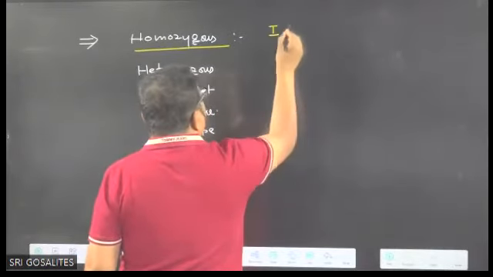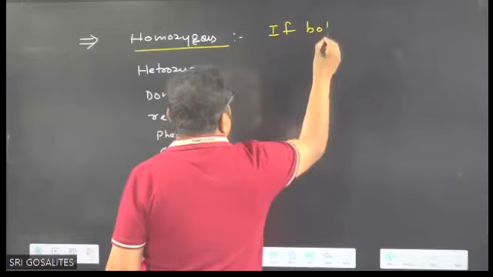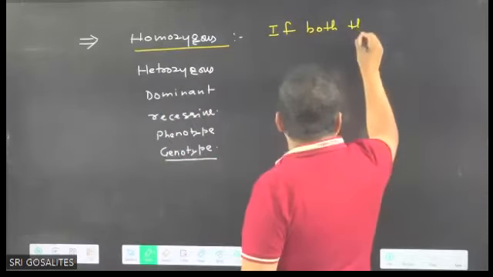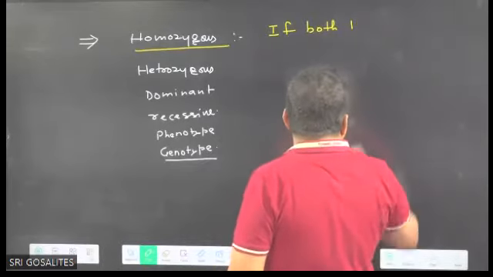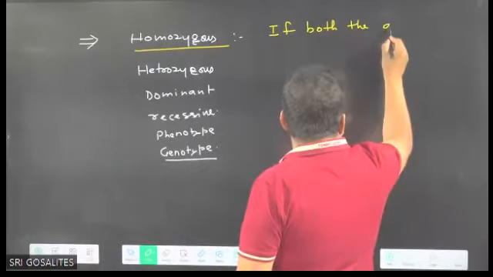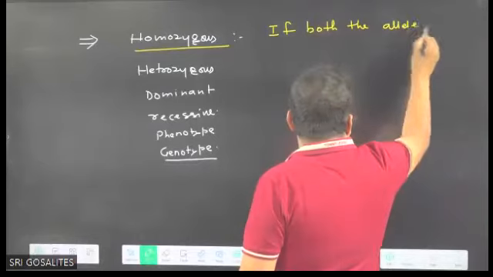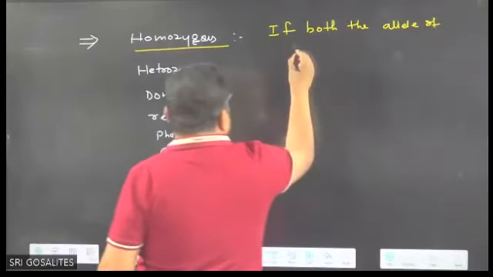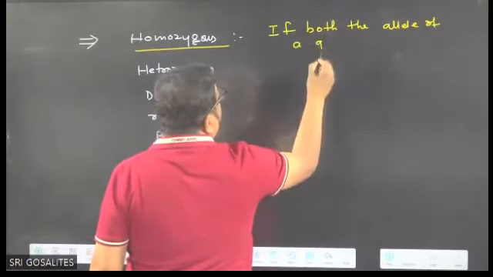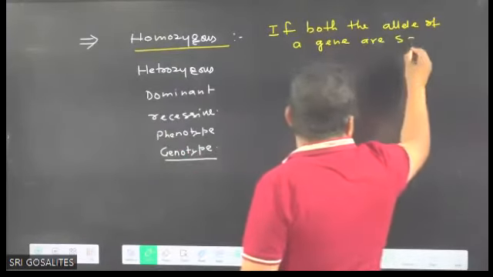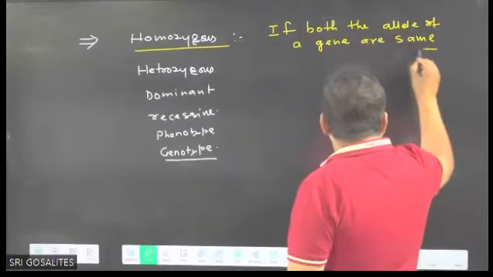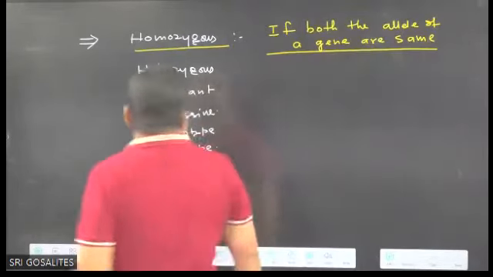If both the factors, or you can say both the alleles of a gene, are the same, we call it homozygous.